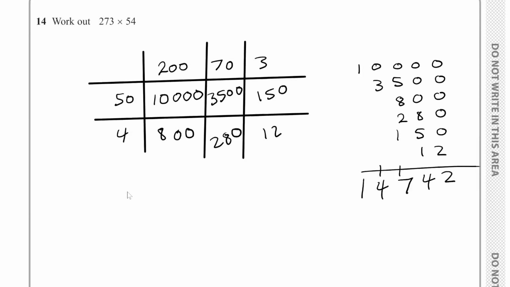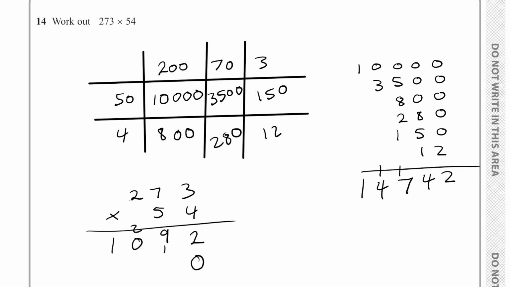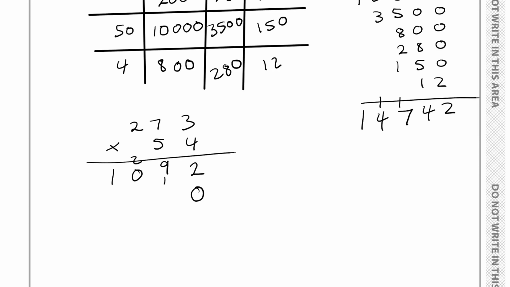And I'm just going to do another method as well. 273 times 54. 4 3s are 12. 4 7s are 28, add the 1. 4 2s are 8 plus the 2, so 10. Add a 0 because we're multiplying by 50, not 5. 5 3s are 15. 5 7s are 35, plus 1 is 36.